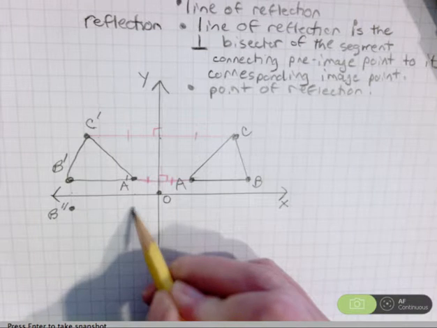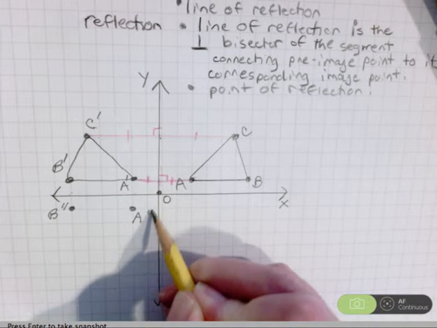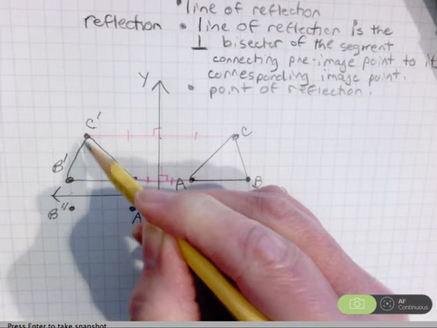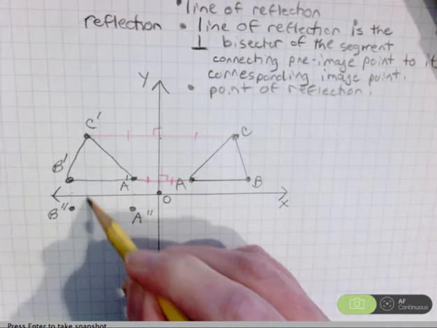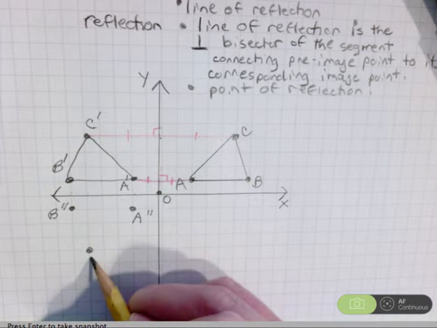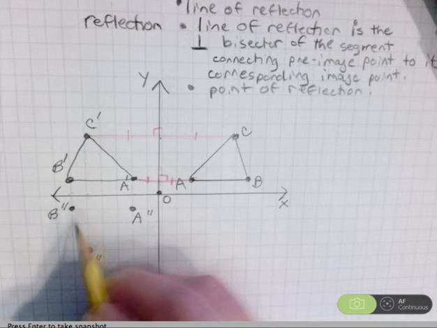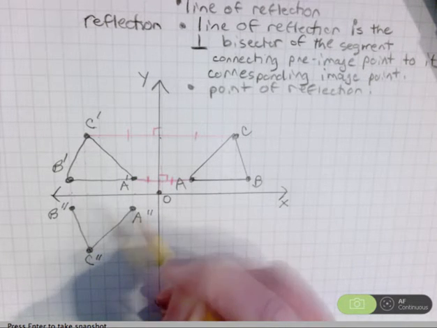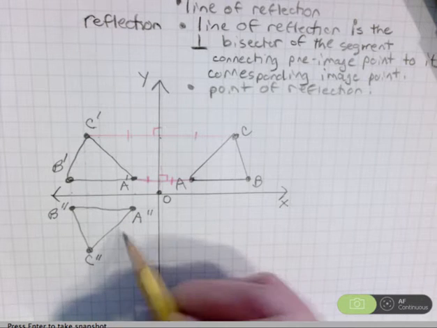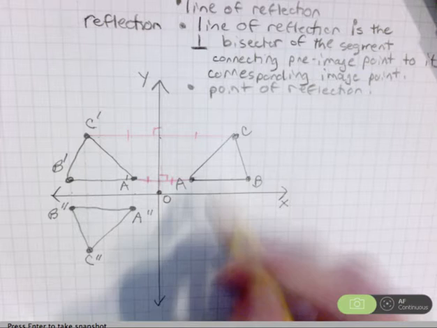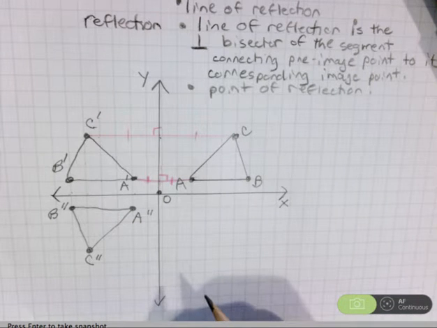Likewise, point C prime is 1, 2, 3, 4 units up from the x-axis. 1, 2, 3, 4 units down from the x-axis is where we'll put C double prime. And just connect the three vertices. And this shows the image of ABC after being reflected about the origin.